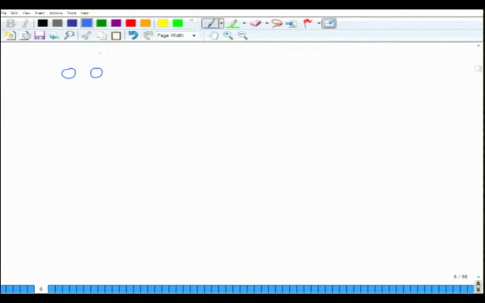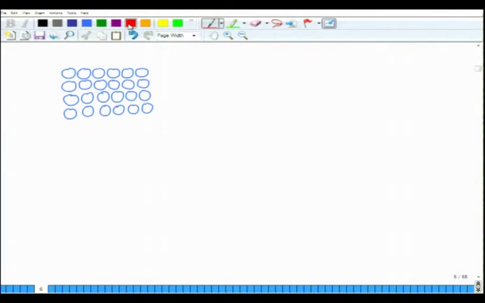The impurity atom, suppose it goes... so in this case, do you see any periodicity in random arrangement or ordered arrangement of impurity atoms?